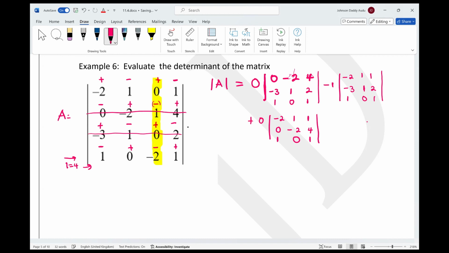Then finally we have -2. So now I'm in the last term. I'm using -2. But now look at it.